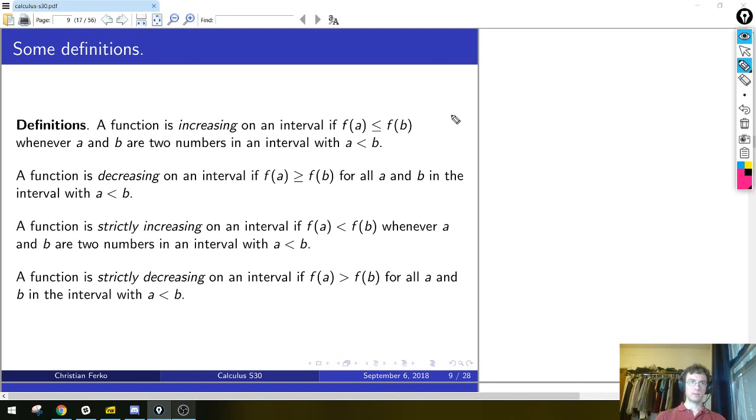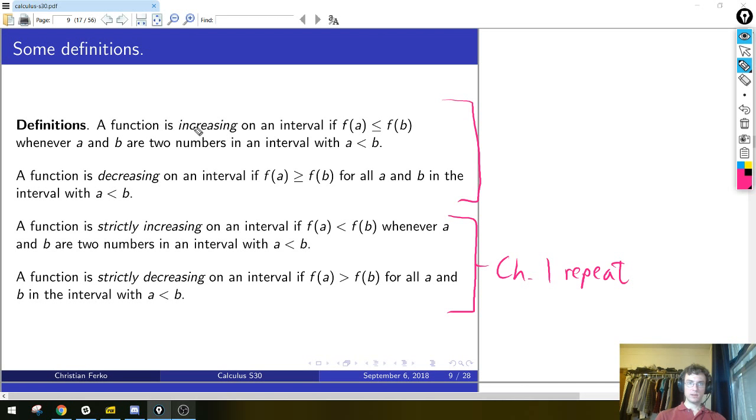But first I want to be very explicit about what I mean by increasing and decreasing. So there are the non-strict versions. We actually haven't defined these before. We defined strictly increasing and strictly decreasing in chapter 1, so this is a repeat of things we've seen before.